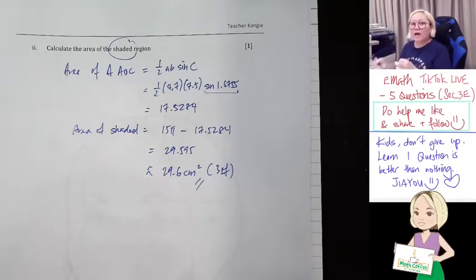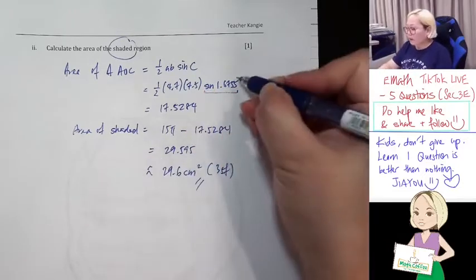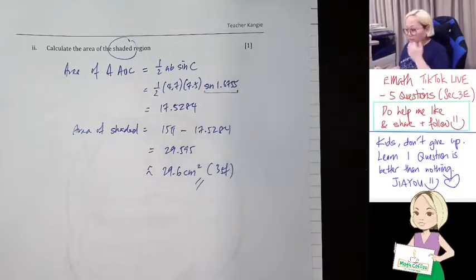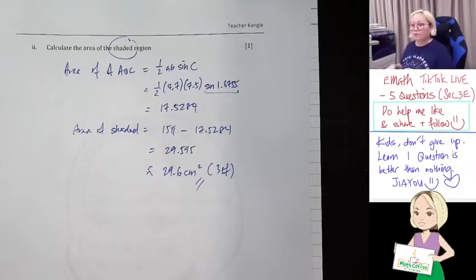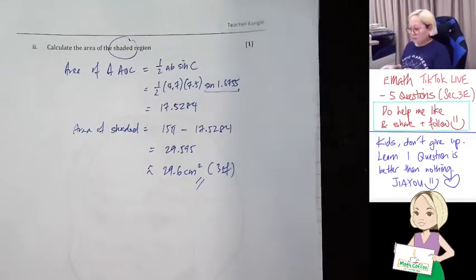Then I want to use half AB sine C, so I have to make sure that I'm in radian mode because I need to tell the calculator this is radian, understand? In EMath, radian you use very, very minimum. But those who learn AMath, you need to be very good in your radian. You need to really know the back and front of everything of the radian.